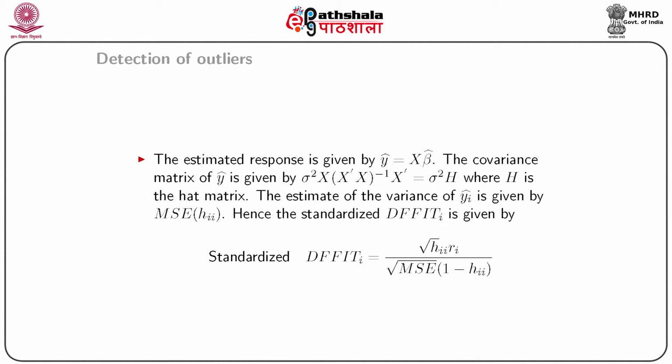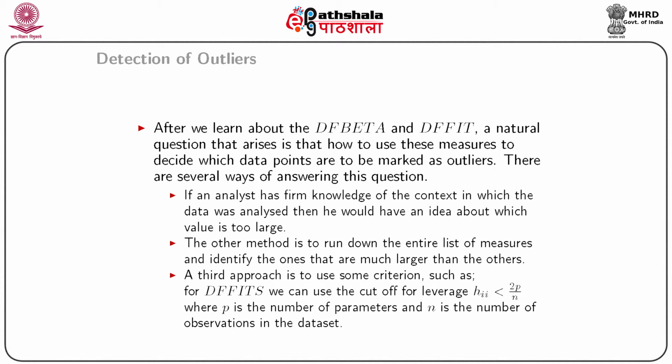The estimate of the variance of yi hat is given by MSE times hii. Hence, the standardized DFFITS is written as square root of hii times ri divided by square root of MSE times 1 minus hii.